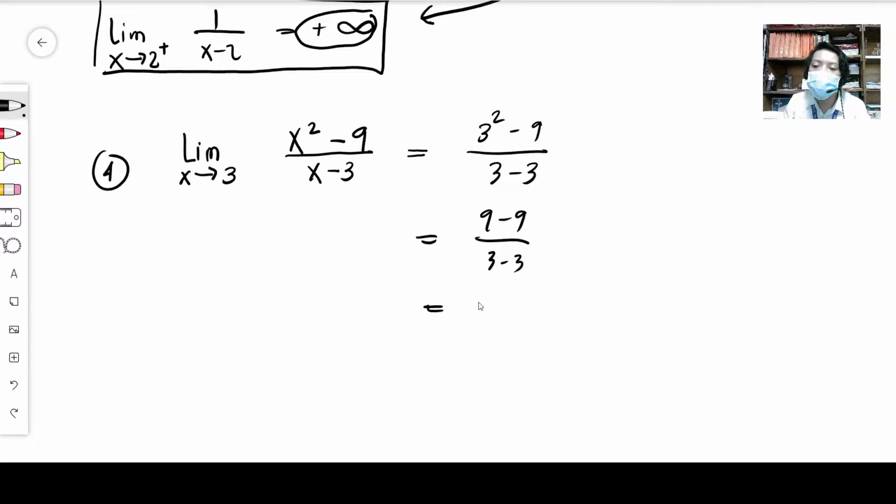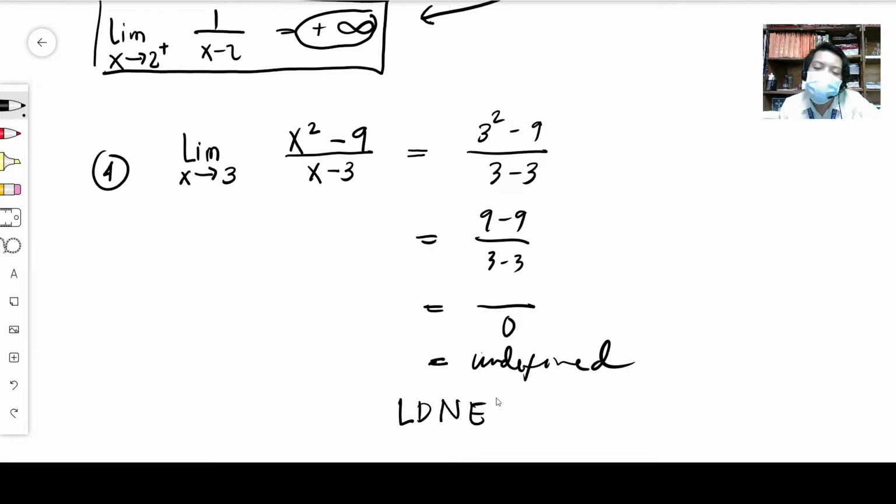The denominator is 0. Whenever the denominator is 0, no matter what the numerator is, the value is undefined. Undefined. So since it is undefined, the limit does not exist.